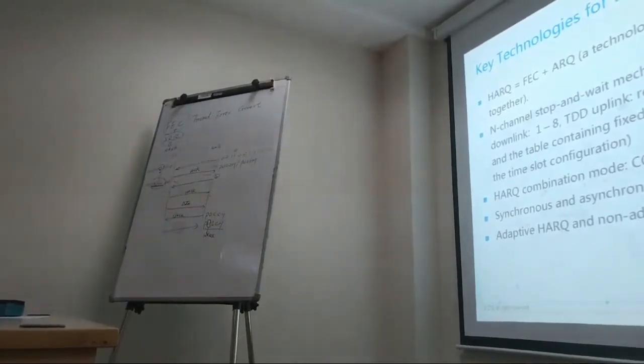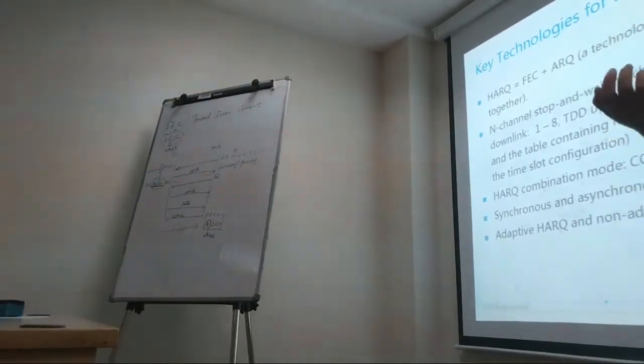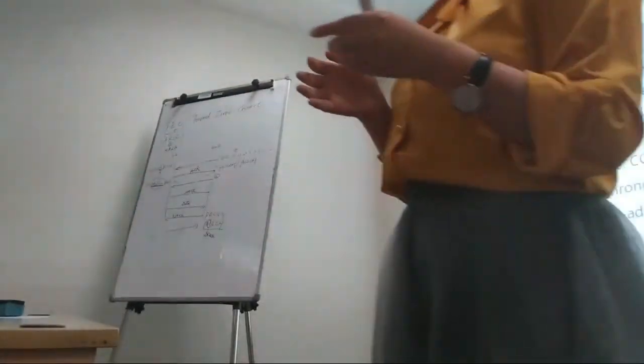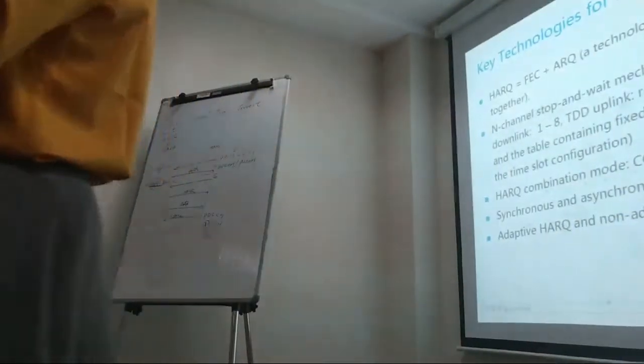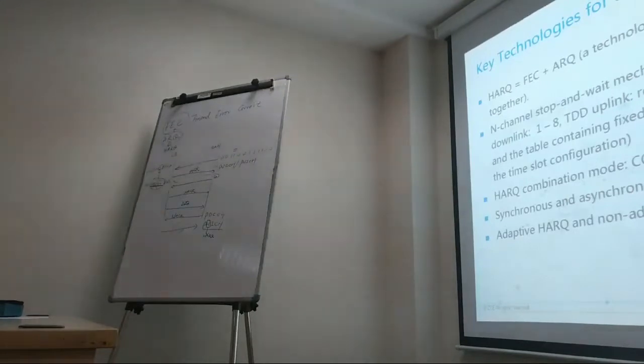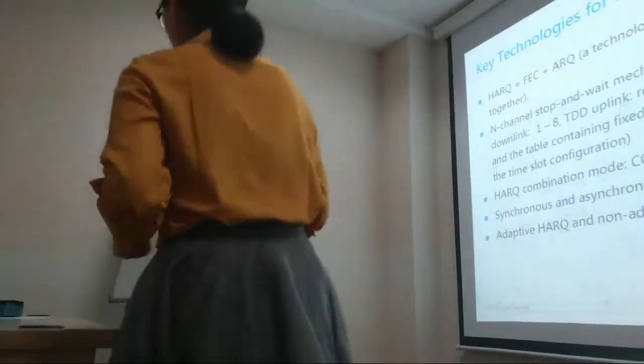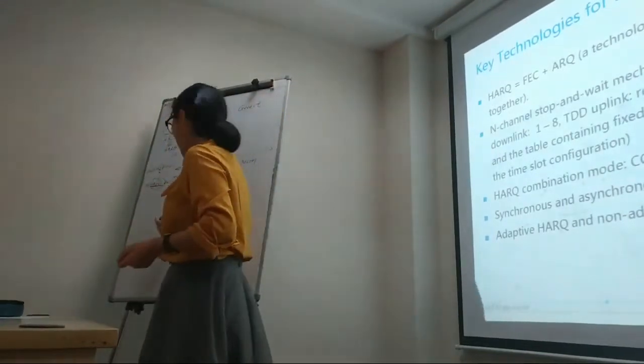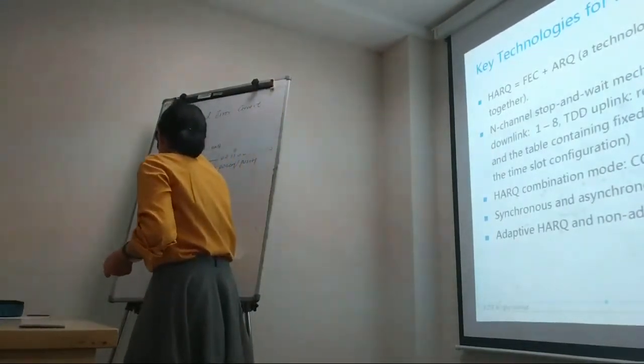So we also have the frequency domain. If I retransmit, I should know at what time I need to transmit, and I also should know which frequency I use. So this is the frequency domain. If I receive a NACK, I retransmit the data again.